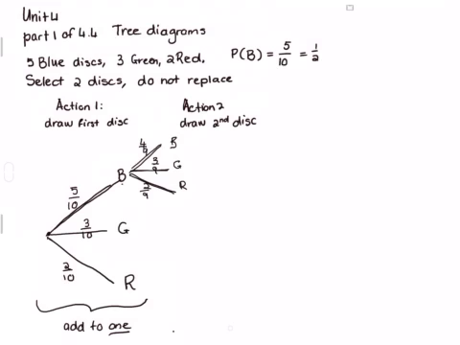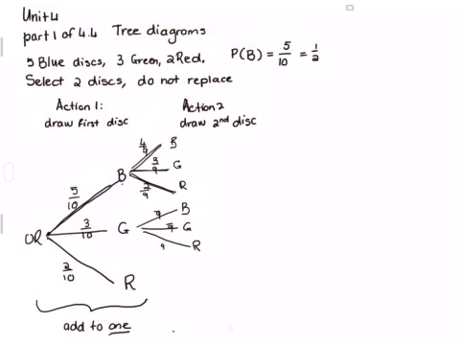Now you go back. So every time we start at this point again, we say or. Or maybe the first time I drew a green. Chances again are you can get blue or green or red. Again, there's only 9 left.